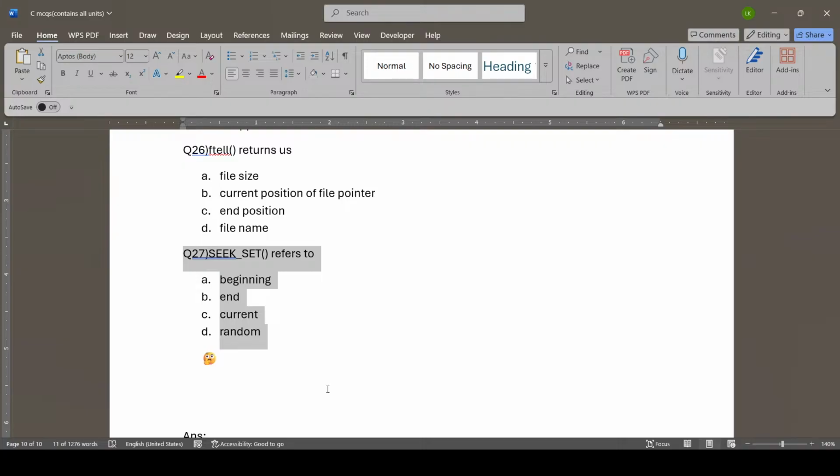Guess the answer. If you don't know, you may guess the answer here. I'm not going to write the answer here.